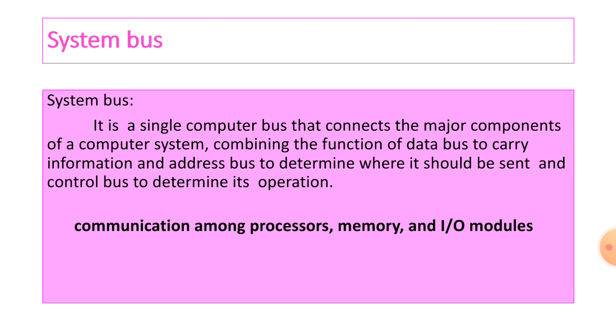System bus. It is a single computer bus that connects the major components of a computer system, combining the function of data bus to carry information, address bus to determine where it should be sent, and control bus to determine its operation. Communication among processor, memory and I/O system takes place within the system bus.